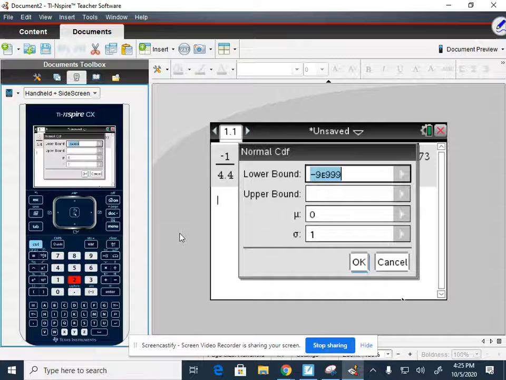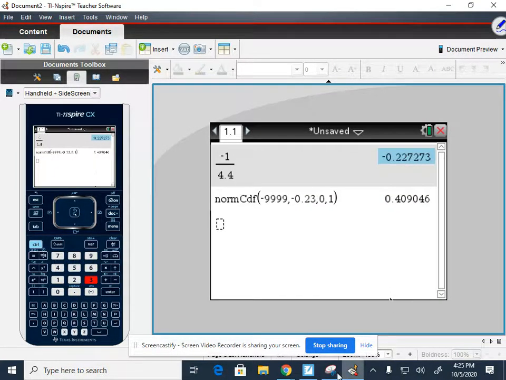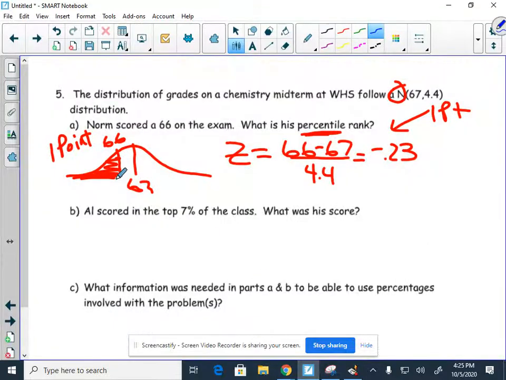We're going to go from negative 0.23 to, whoops, what was the question? It's his percentile, so I did that wrong. We're going to go from negative 999 to negative 0.23. The percentile is the area to the left, so this should be about 41%.